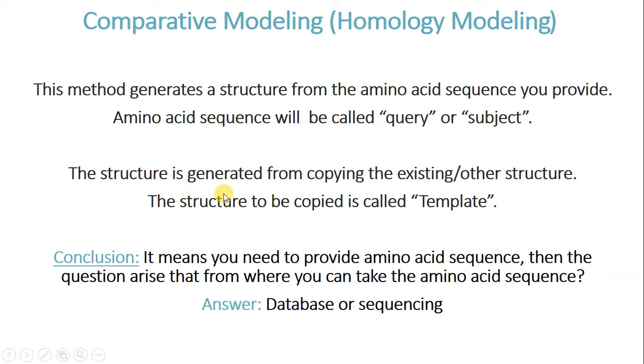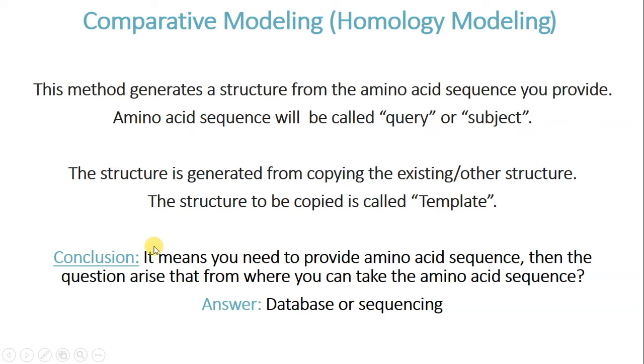The structure is generated by copying an existing, other structure. The program will generate a structure for you and it will copy another structure, and we call that structure a template. So the query or subject is your sequence, for which you do not have a structure, and the template is the structure the program will copy.